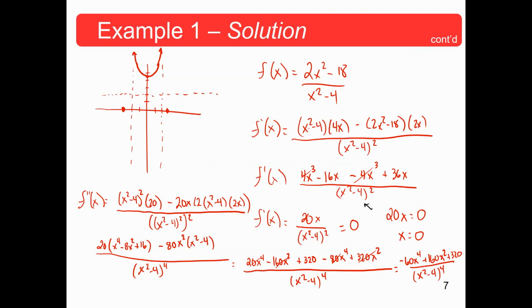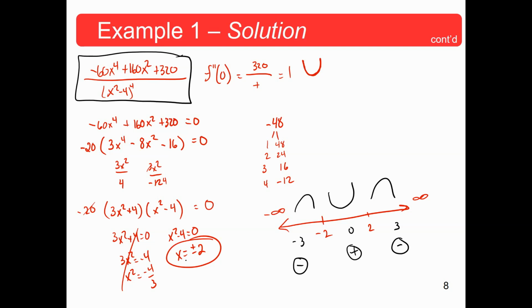However, remember that for the second derivative, we have to include any value that is not in the domain. So even if I had not got this plus or minus, I still would have had to use plus or minus 2 because those represent asymptotes where things can change. They're not technically points of inflection because those are points where there's an asymptote.